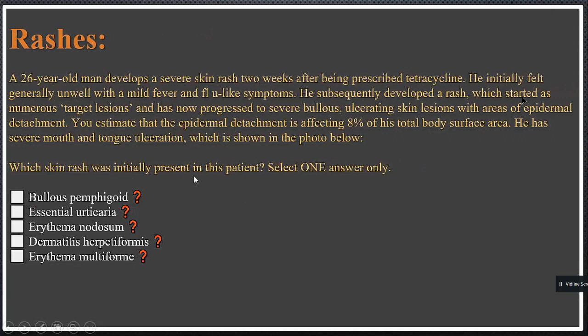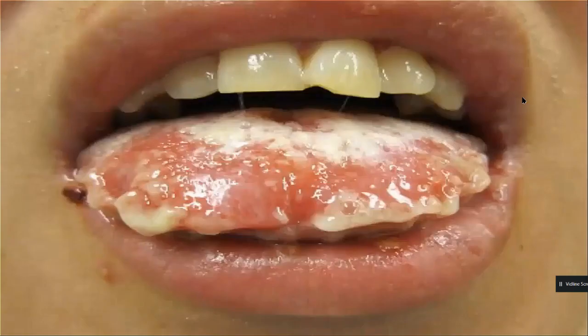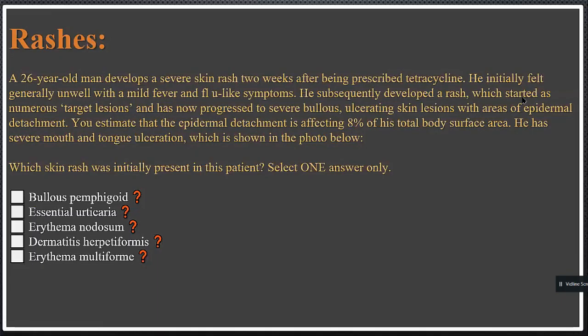Which skin rash is initially present in this patient? Erythema multiforme, option E. Why? Target lesion, mucous membrane.